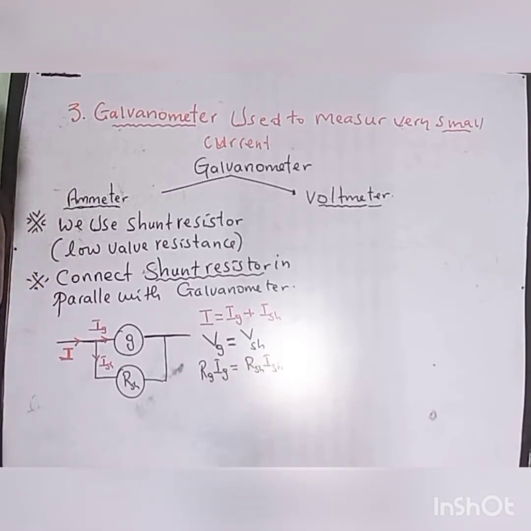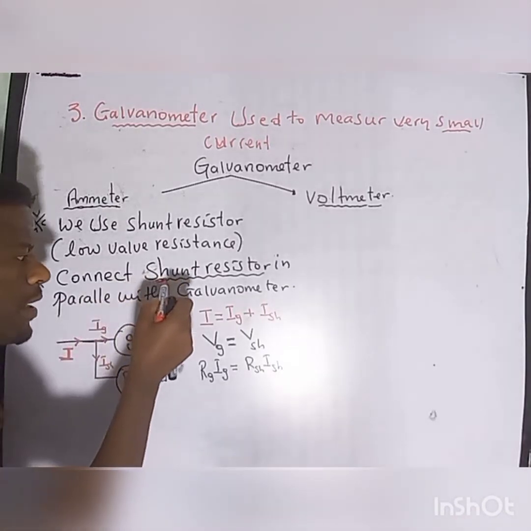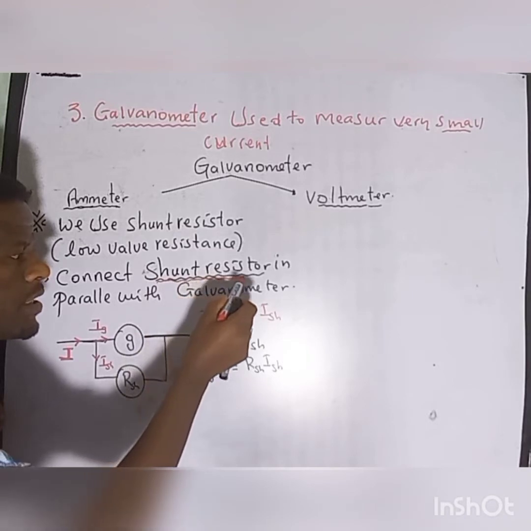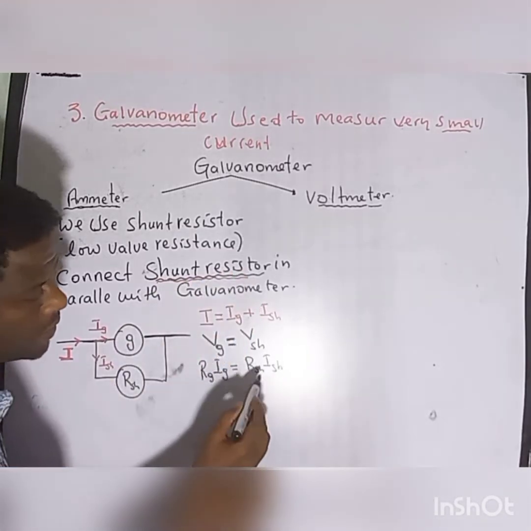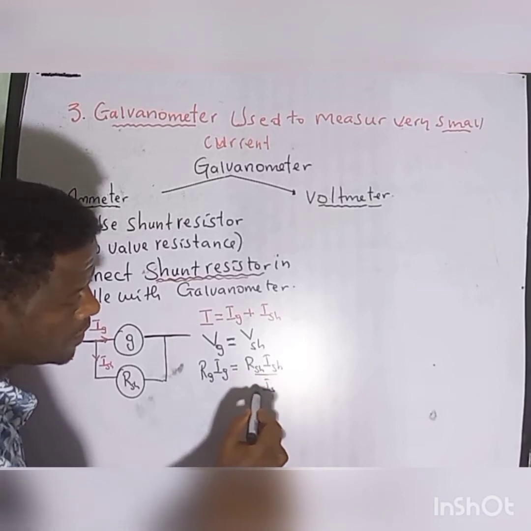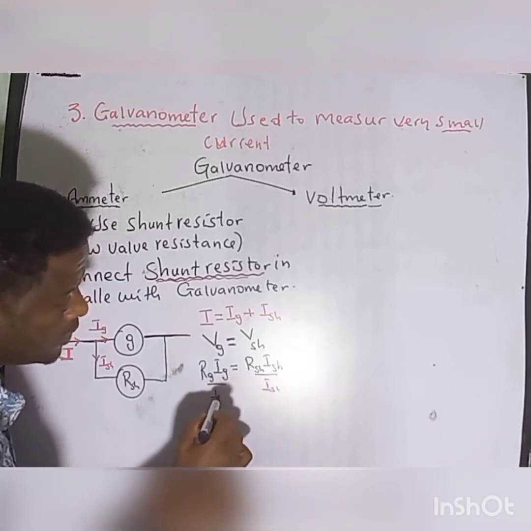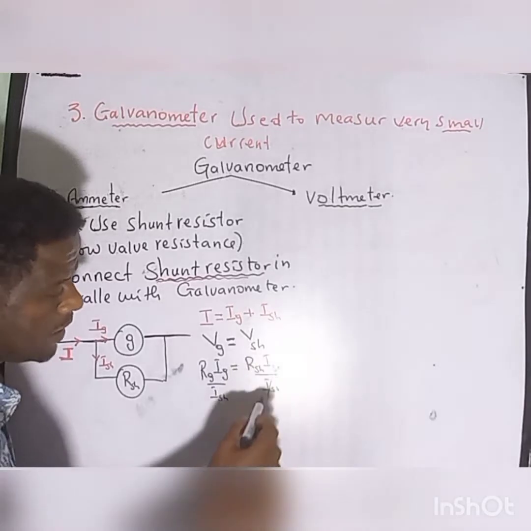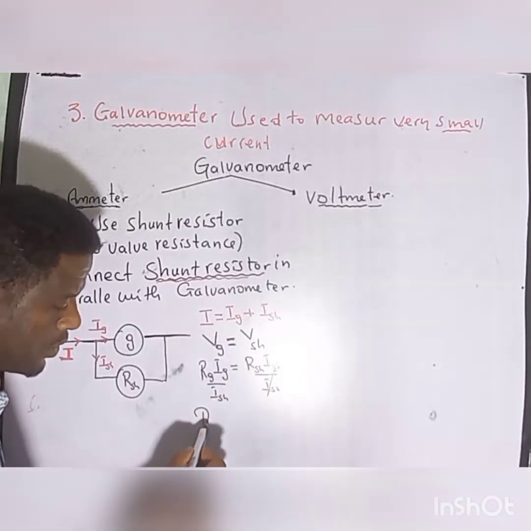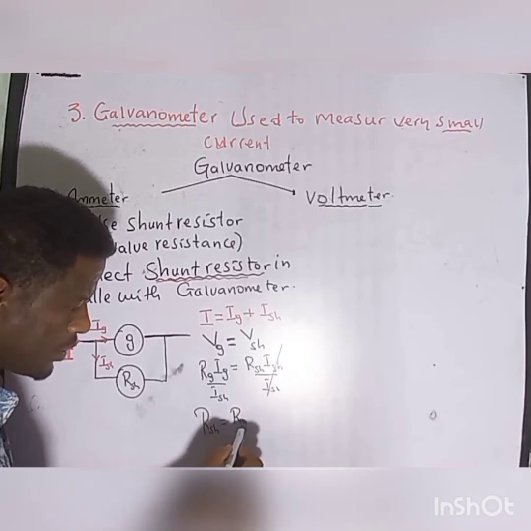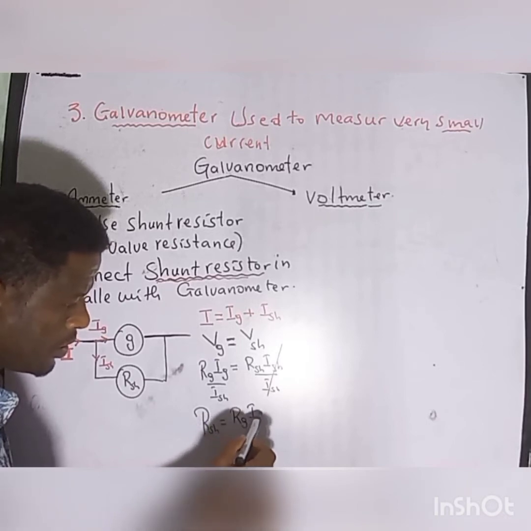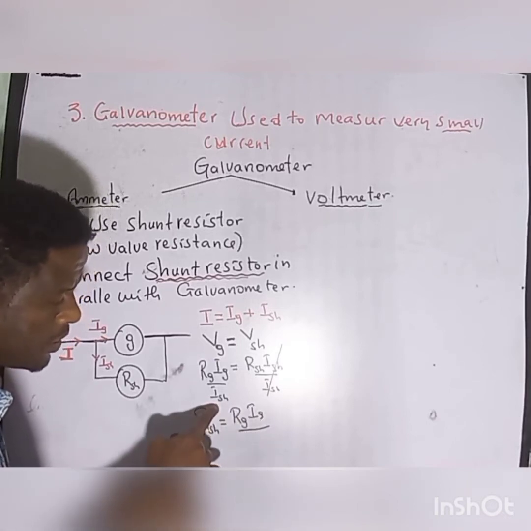But we want to find the value of the shunt resistor. To determine the value of the shunt resistor, divide both sides of the equation by I shunt. I shunt cancels out, then the value of the shunt resistor equals Rg Ig over I shunt.